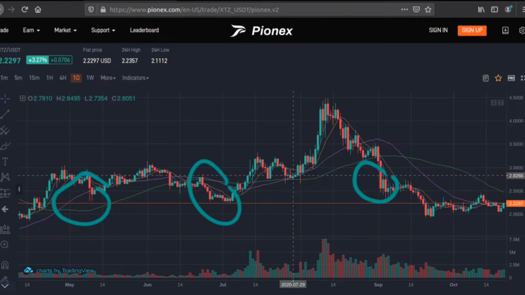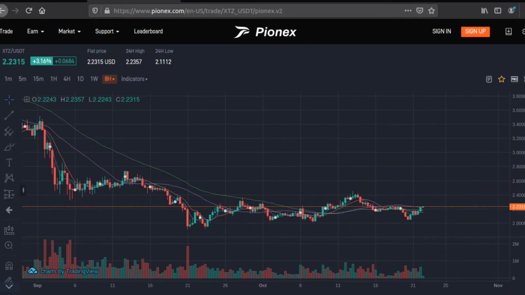Now, let's go to this next screenshot, and you'll see the trading range just above and just below, from $2 up to $2.35. That's a trading range. That's a strong accumulation range.